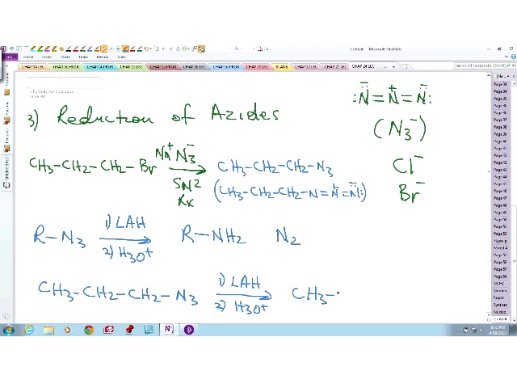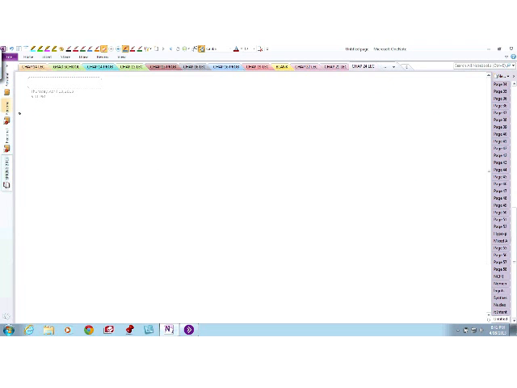You get propylamine. Also, this is a method for making a primary amine, plus nitrogen. So far we have given you 3 methods. Now let us take a look at method number 4.